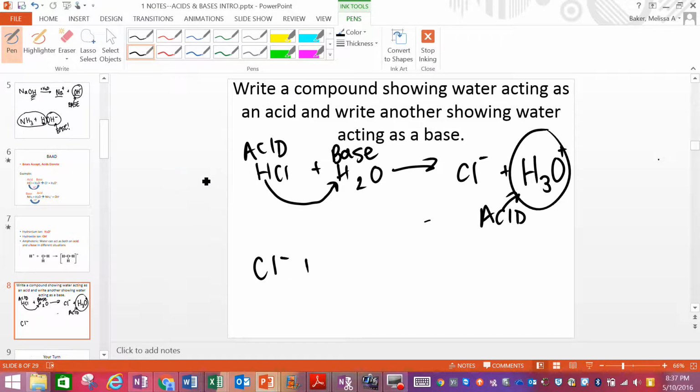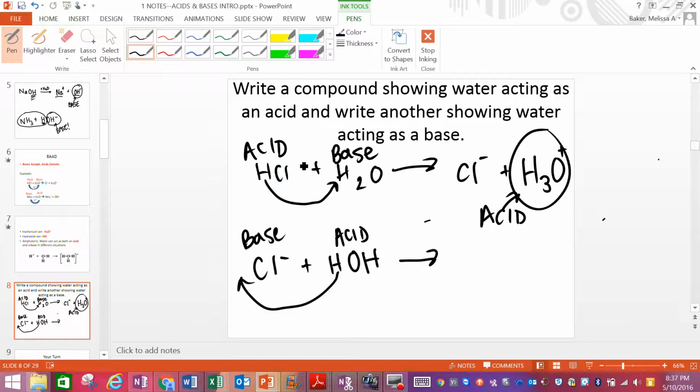What if, though, I had started with a chloride ion, and I'm going to draw HOH, H2O, separate it out like that. Now, this water would donate its hydrogen to the chloride. Chloride is accepting a hydrogen, it's acting as a base.